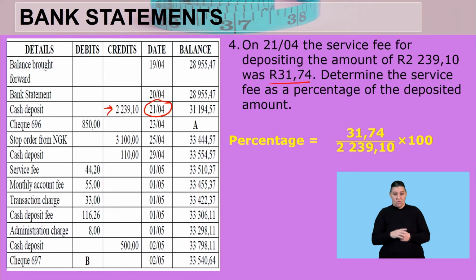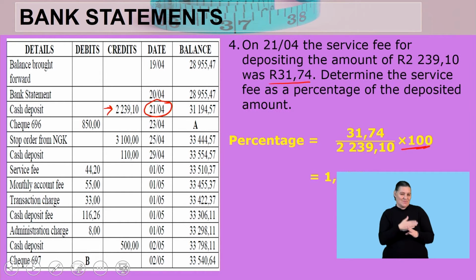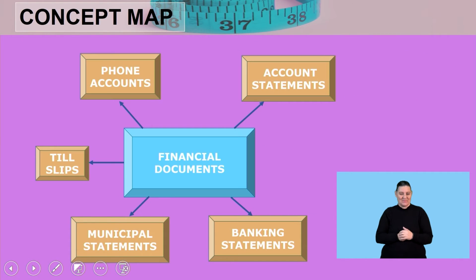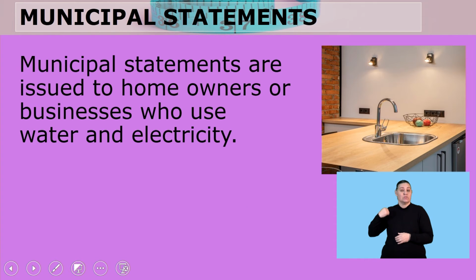Determine the service fee as a percentage of the deposited amount. So, as a percentage, we know we've got it times by 100. Line it up as our fraction, and that gives me 1.42%. Nice work.